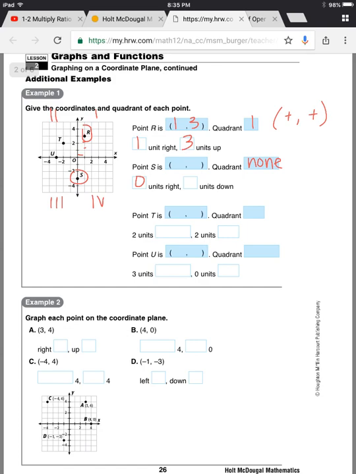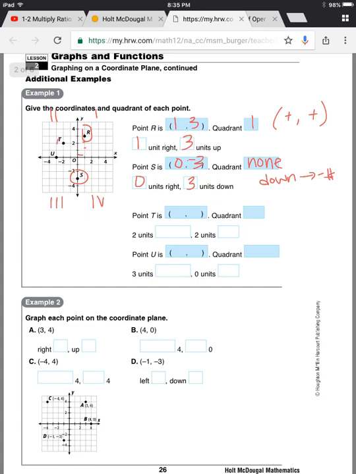And we went down 1, 2, 3. Our x is our going right or left, so that's 0. And because we went down, our y is negative. Down gives us a negative number.